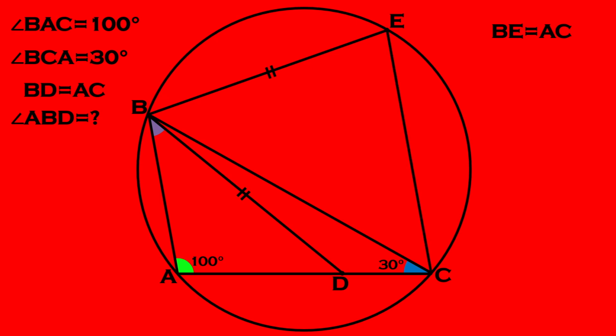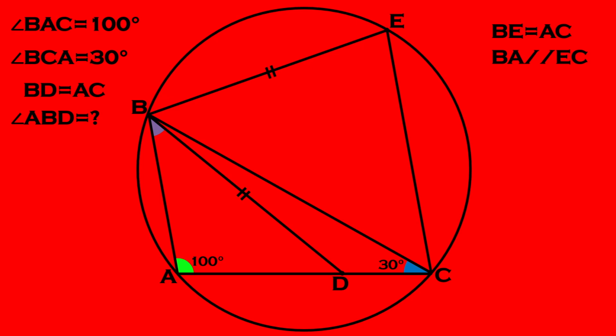We construct EC, and now, using the proposition we just proved, because BE is equal to AC, we have that chord AB is parallel to chord EC. Because of that, the pair of angles on the same side of the transversal line AC must be supplementary.